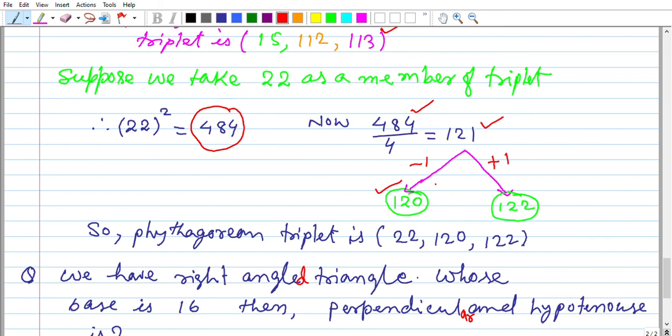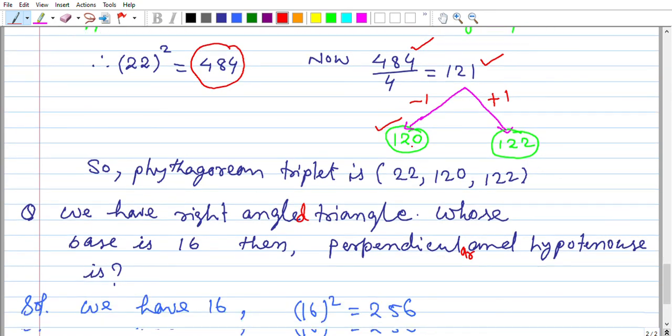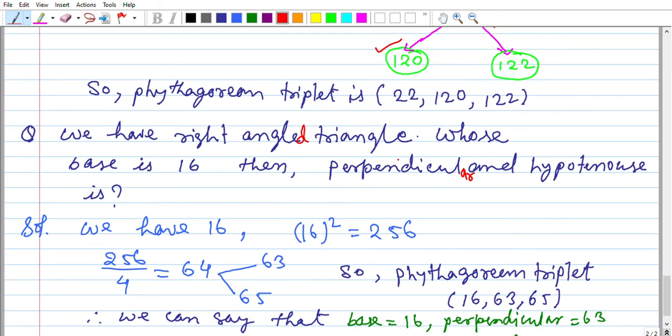Only the base is given, and we are able to find the perpendicular and hypotenuse. In geometry, always take the smallest number as the base, isn't it?